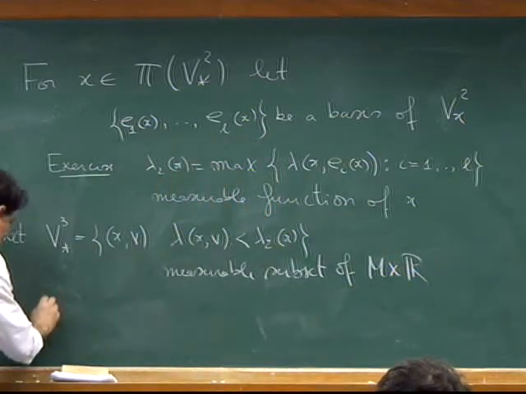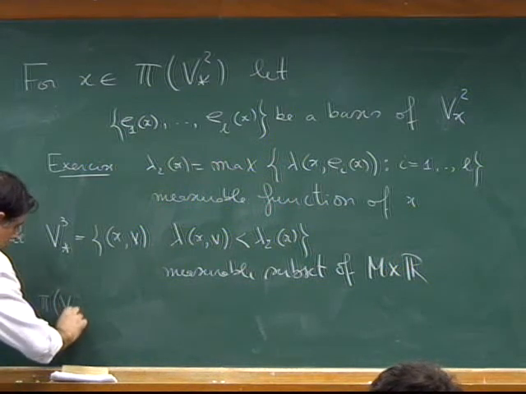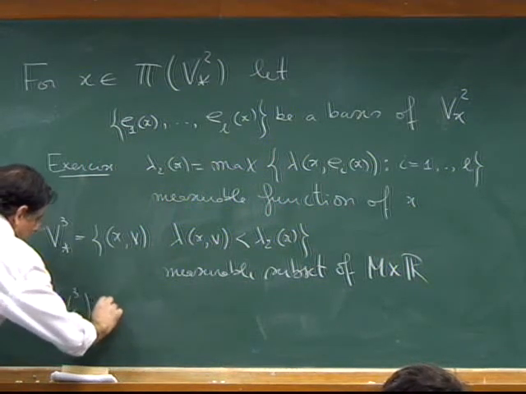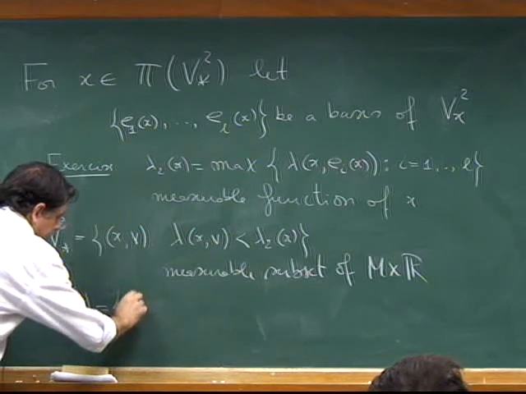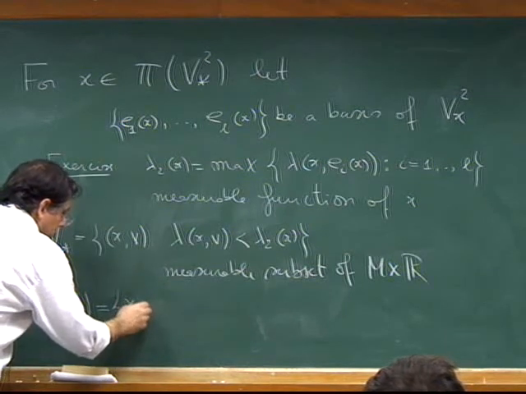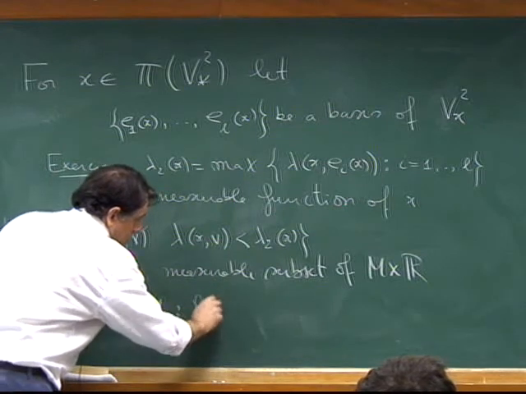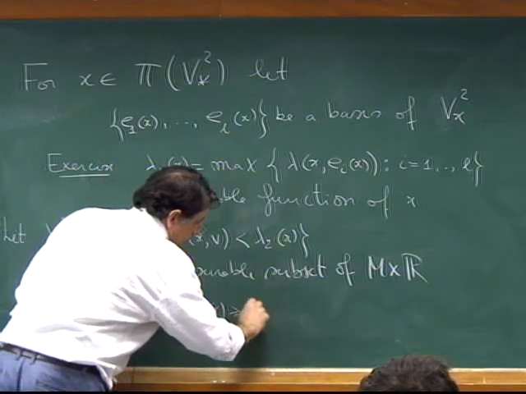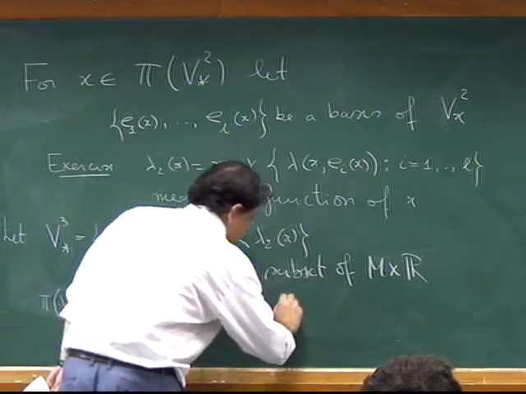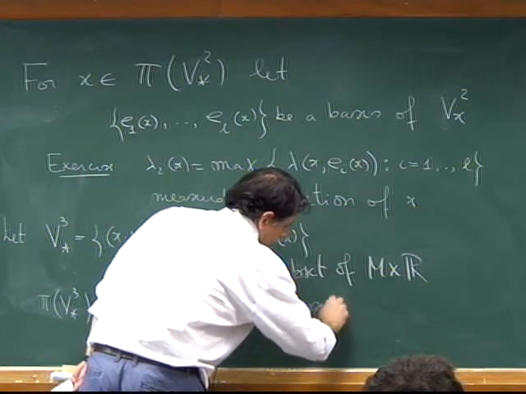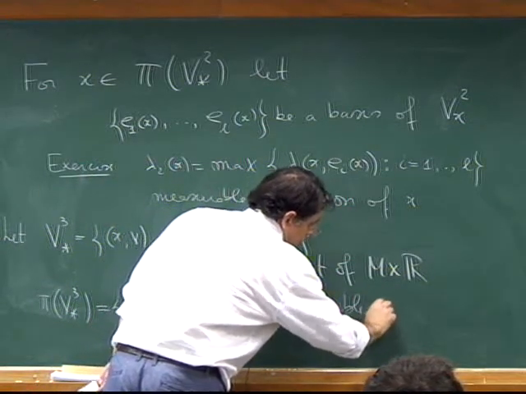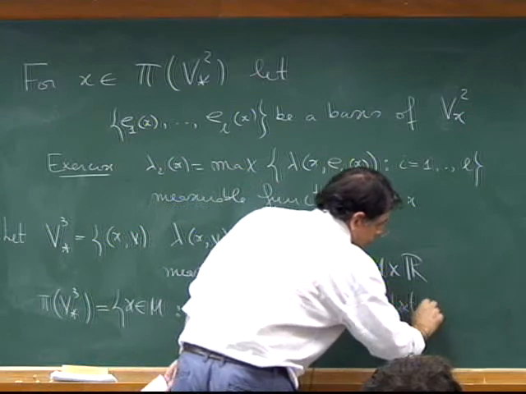So the projection, which is the set of points where k is at least 3, is a measurable subset of M.